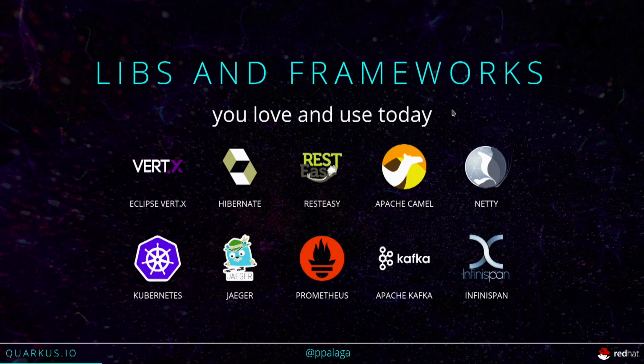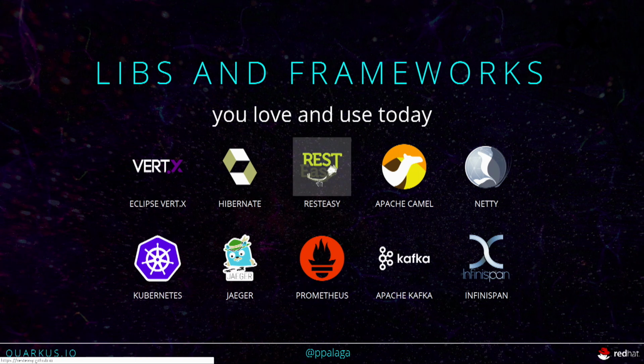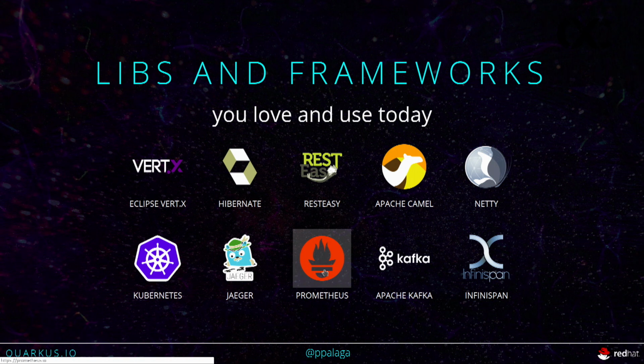So except for the standards, there are frameworks and libraries implementing those standards that you probably use already today, like Hibernate or RESTEasy. But there's more to it. There's Jaeger for tracing, not directly Prometheus, but there's OpenMetrics from MicroProfile, and the implementation used is SmallRye.